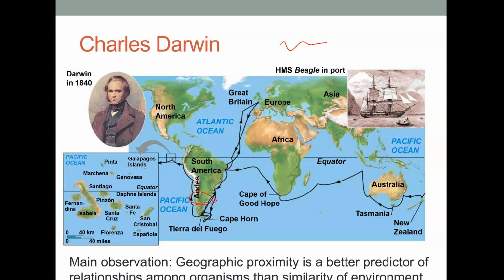And so you would think that because they have a similar environment to, say, another temperate region like Northern Europe, you would find the same plants and animals in both cases because they have the same amount of rainfall, same amount of temperature changes and so on. But what really happened is that the animals and plants here more closely resembled the animals and plants that were close to them. In other words, geographic proximity is a better indicator of a relationship than similarity of environment.